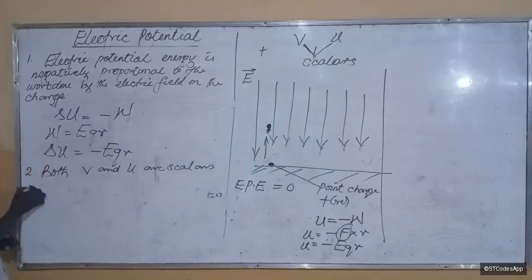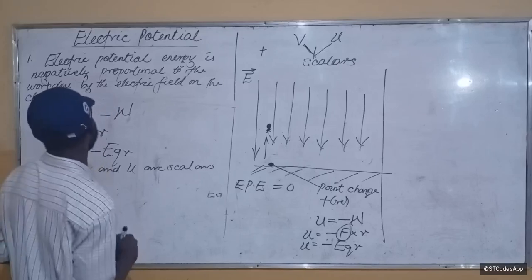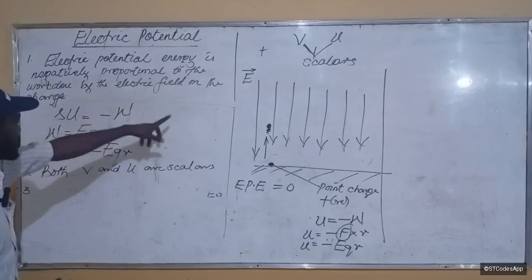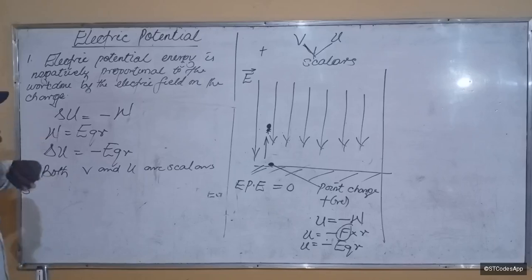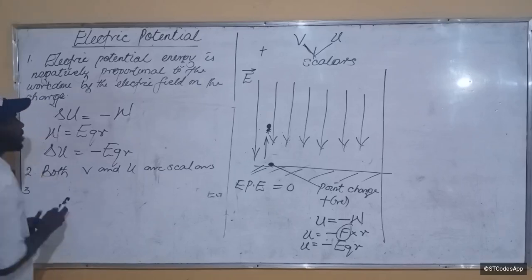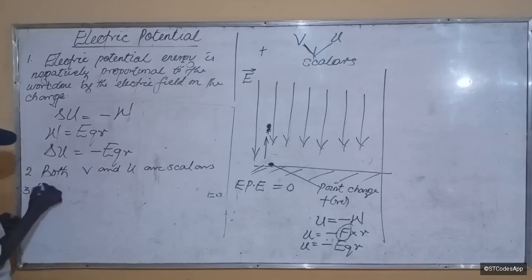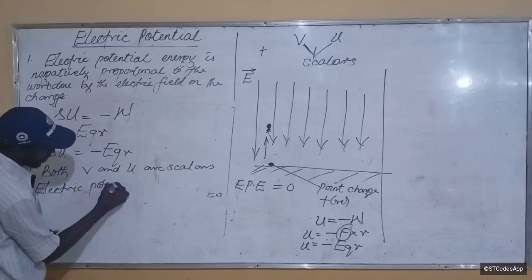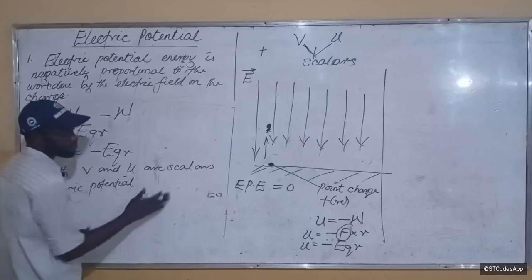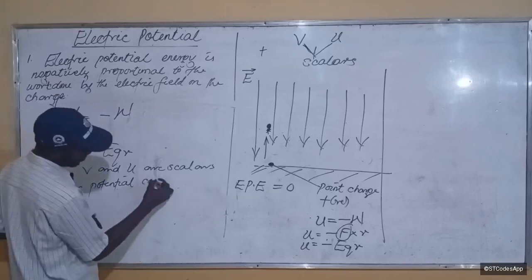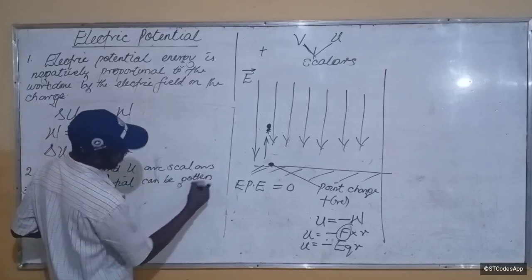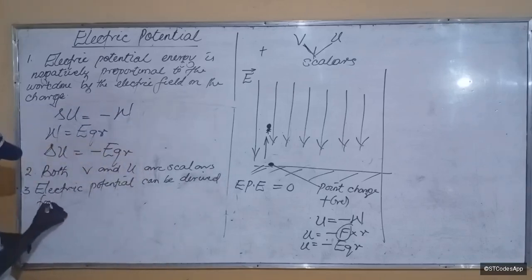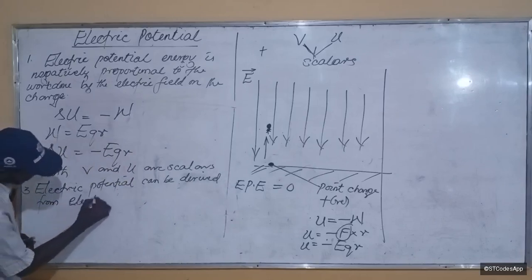Now, the next thing you must also know is that electric potential can be derived from the electric field.